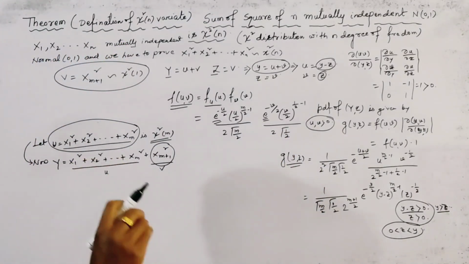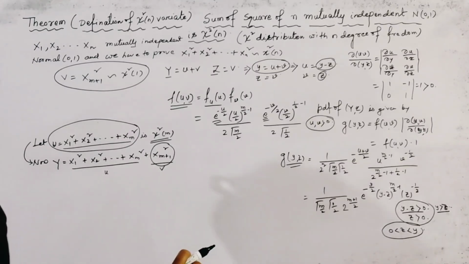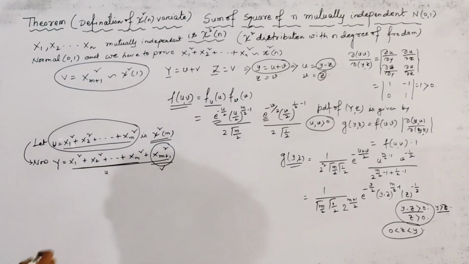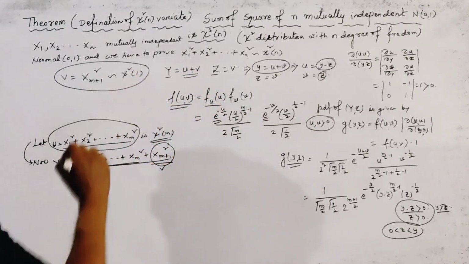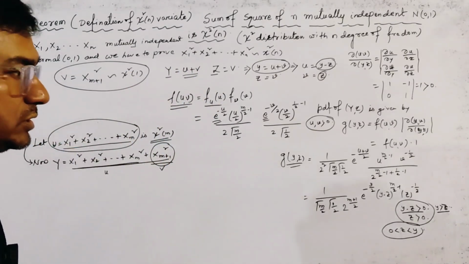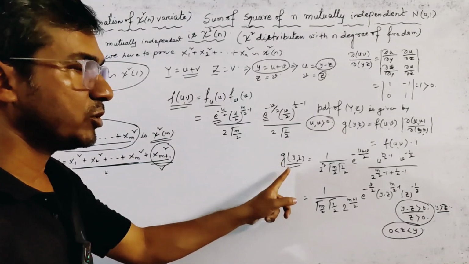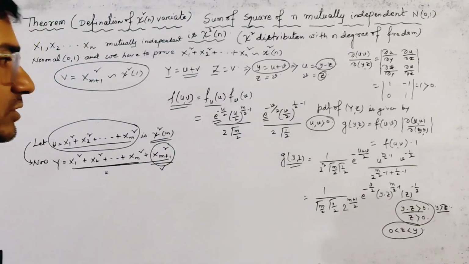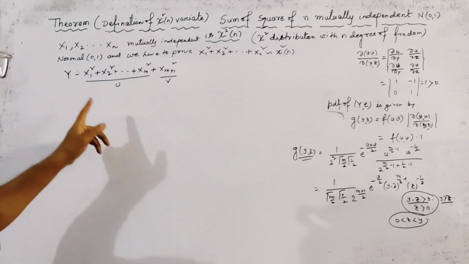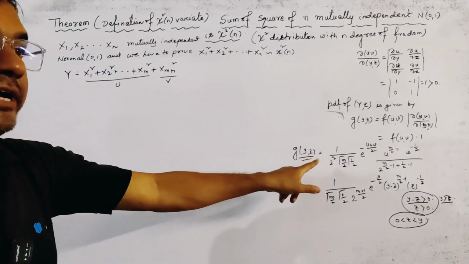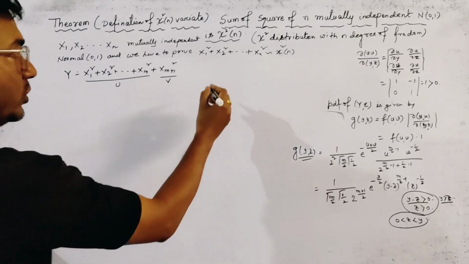Now we have to find the PDF of this. This is Y, which is given by u plus v. So we must find the marginal PDF of Y from here. How to find the marginal PDF? To find the marginal PDF of Y from the joint PDF of Y and Z, we must integrate.